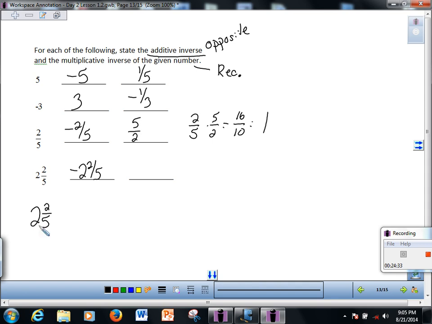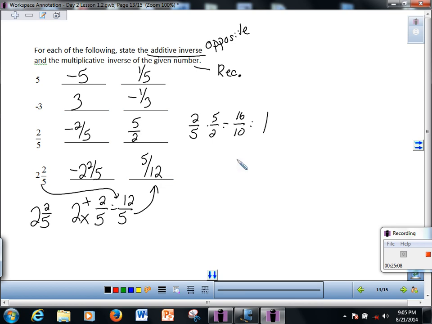To do that, I'm going to have to go 5 times 2 plus 2. So 5 times 2 is 10. 10 plus 2 is 12 over 5. This and this are the exact same number. Now I need the reciprocal of that, so I've got 5/12.